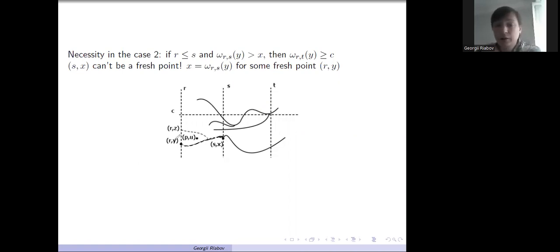Moreover, it arrived from some fresh point from the past. And we have right continuity at this fresh point. And by right continuity, if the point z is close to y, then at time t, this trajectory must be below c.